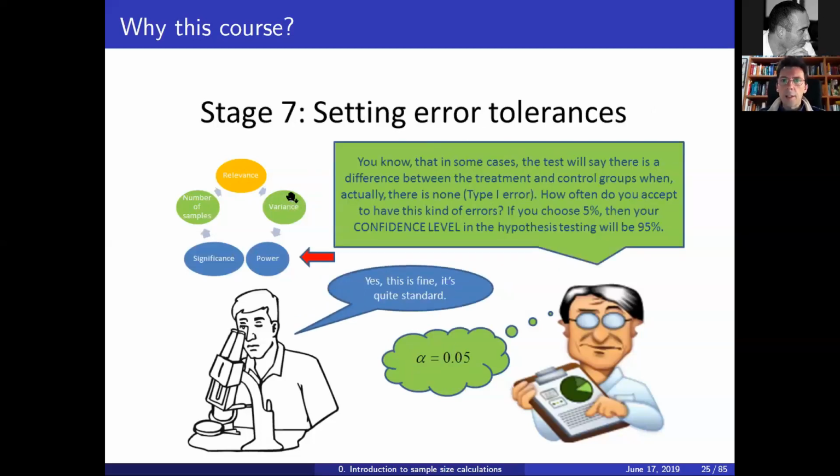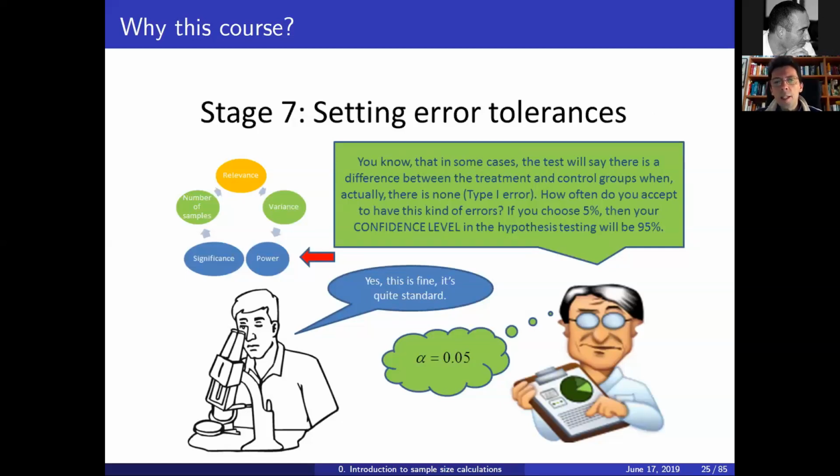And then there are these two technical variables. So these technical variables come from the statistical test that you will do later. So you're testing for differences between treatment and control.